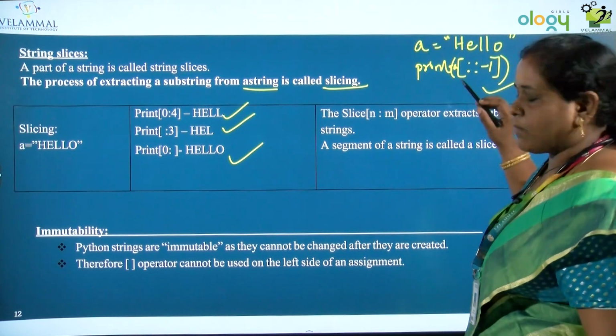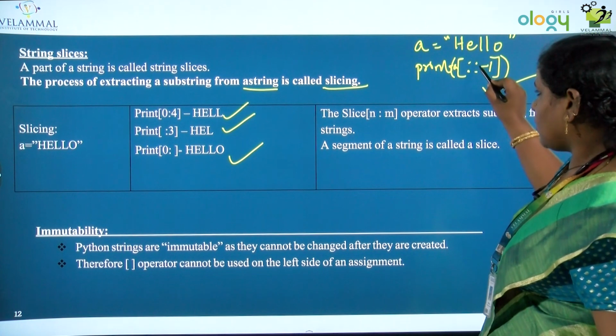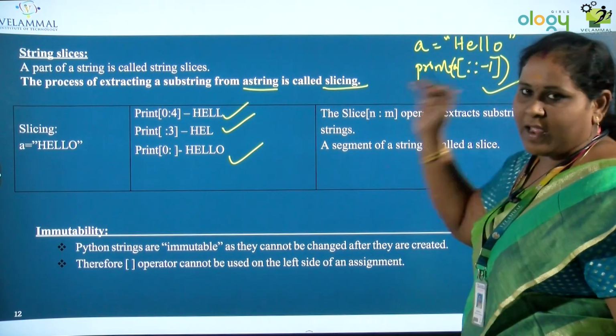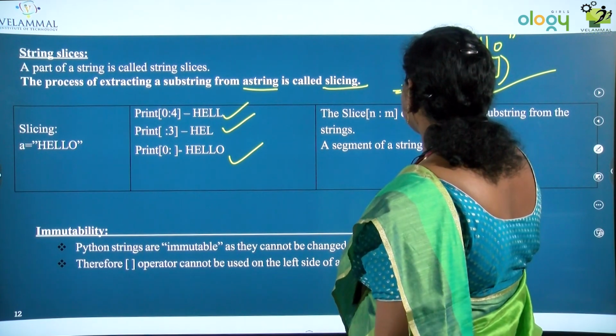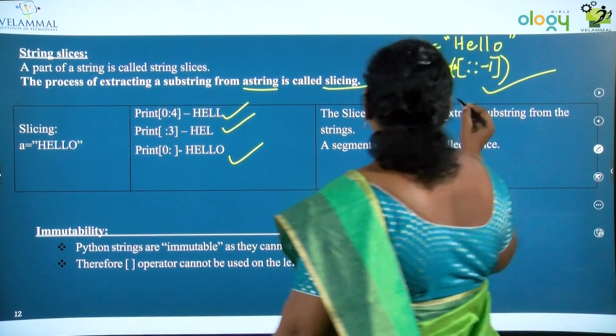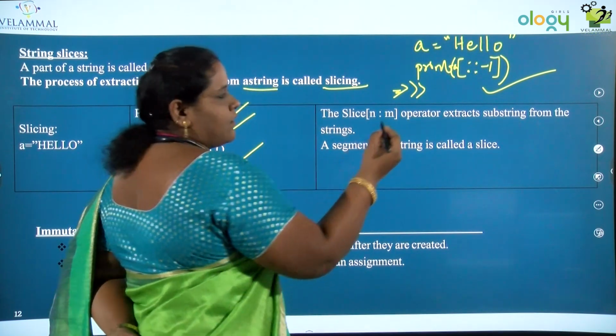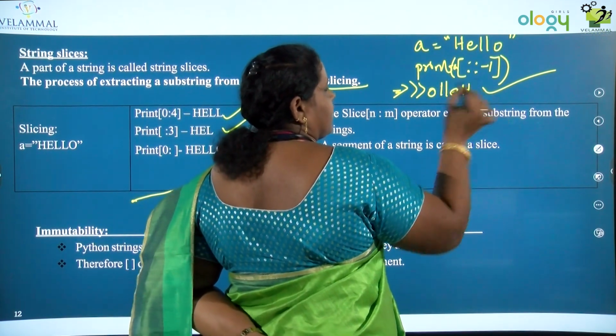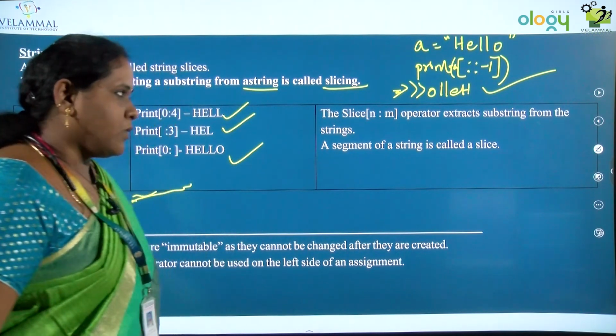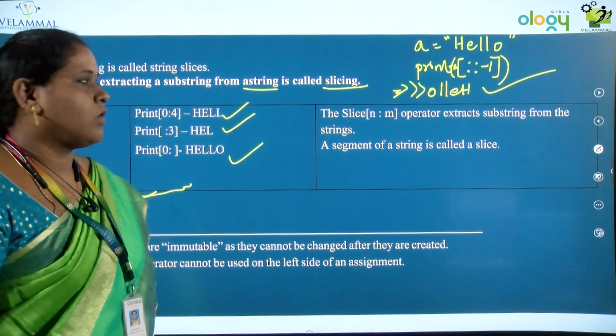Colon, colon, -1: it starts from the right side and ends at the left. So what is the answer you'll be getting? Guess it. OLLEH. This is the answer you get using the reverse syntax.